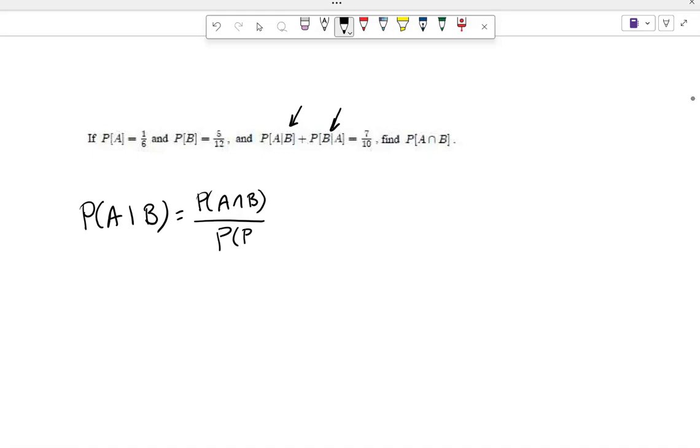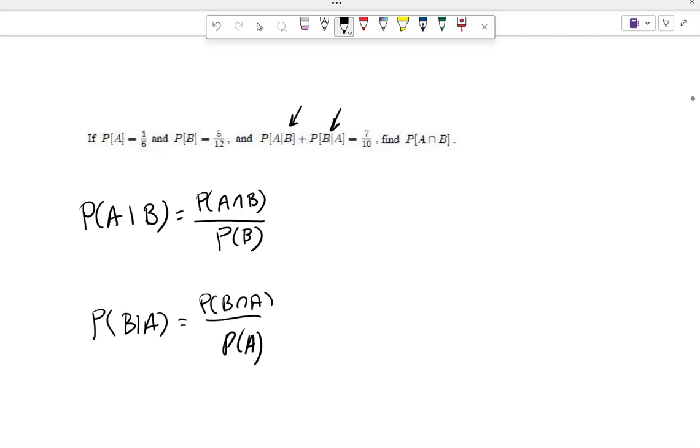Good, that'd be divided by the probability of B. So if we switch it around, if we do probability of B given A, how's that going to be? Good. If I literally just plug in the different pieces in the formula, you'd have probability of B intersect A over probability of A. Remember, the given information was what goes in the denominator.